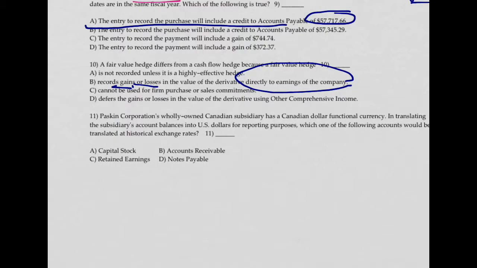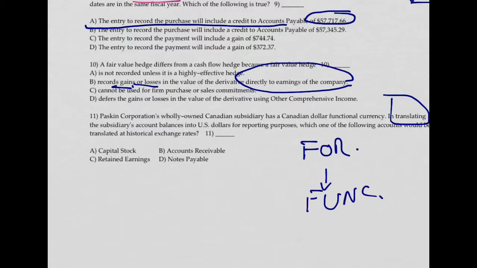They do use the word translating into the functional currency. So if we had to go from a foreign currency, we'll call it the foreign period, to the functional currency, that's called a remeasurement.